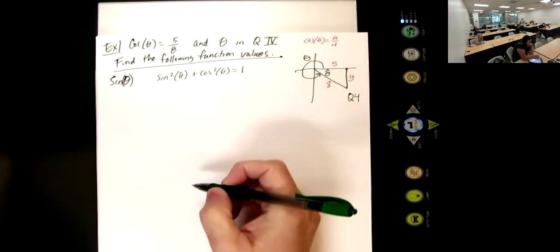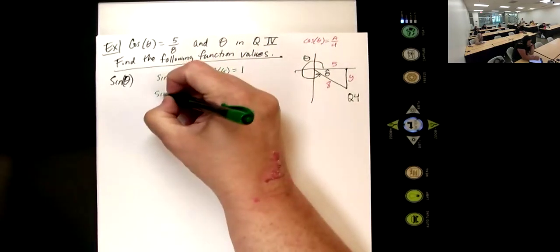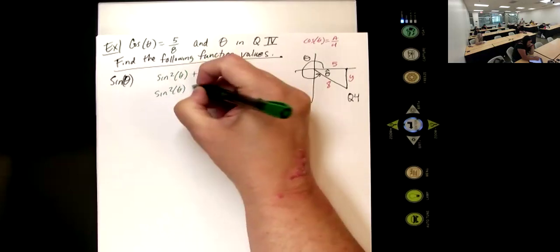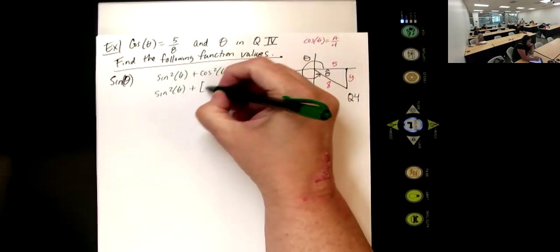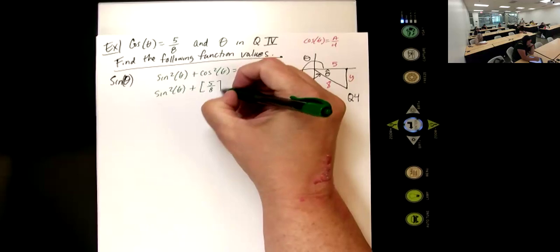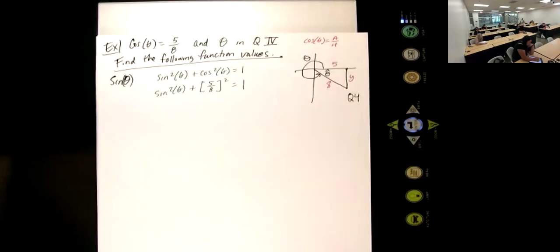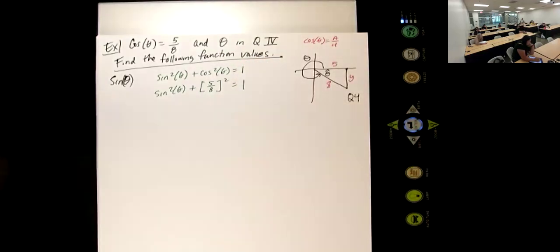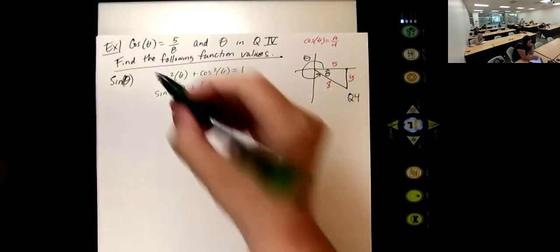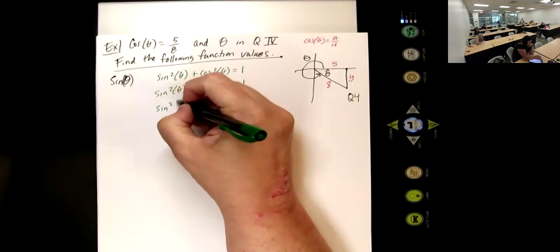So we will dump cosine theta in there. We're gonna have 5/8 squared, and that is 25/64.